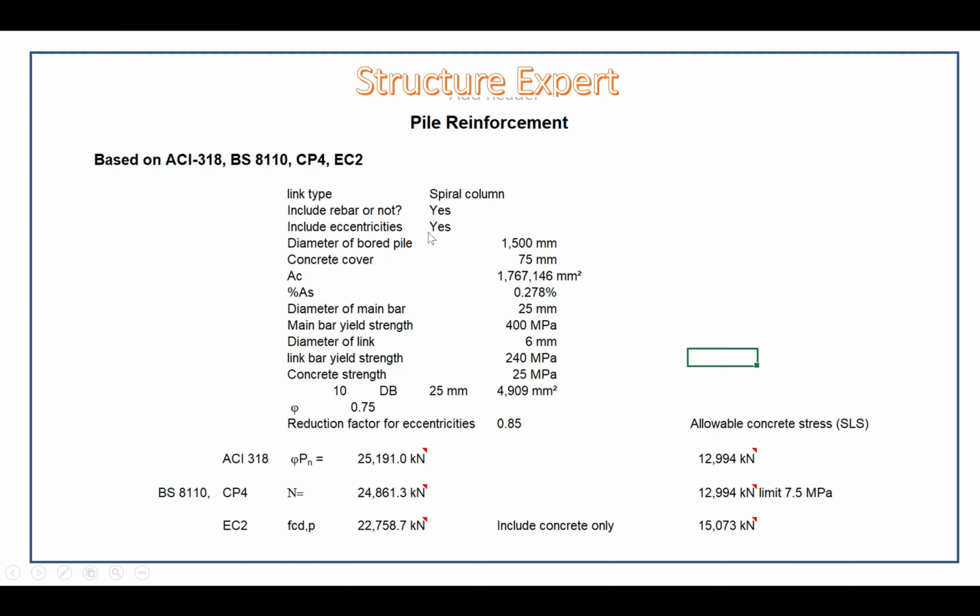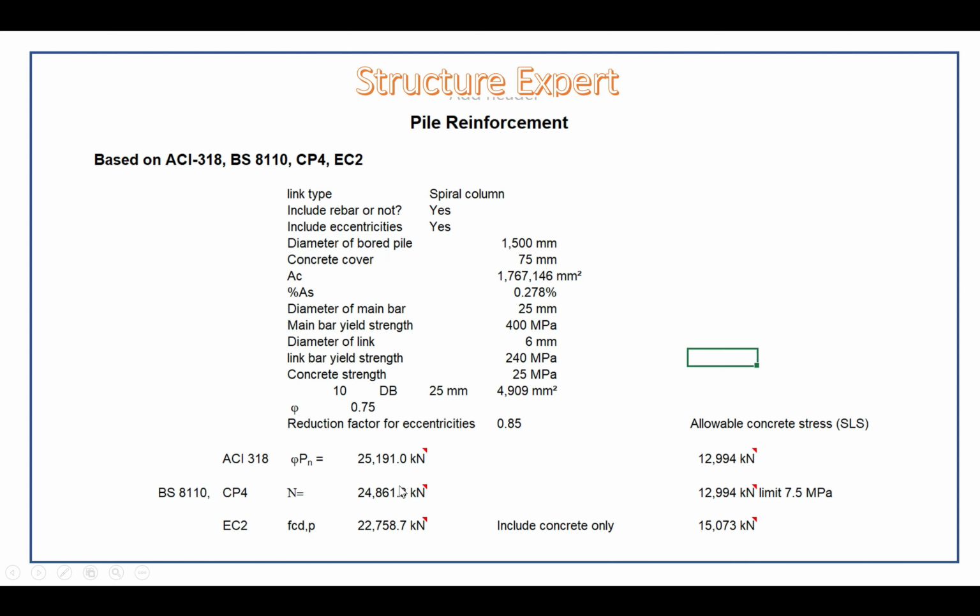You have to select the link, spiral or tie column, include rebar or not. If you do not want to include rebar in the calculation, you just select no, and include eccentricity in the section or not, and you just input the diameter of the wall pile and the concrete cover. So everything here will be automatically calculated and compared across the different codes.